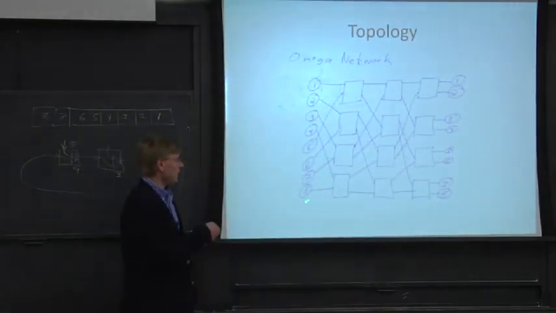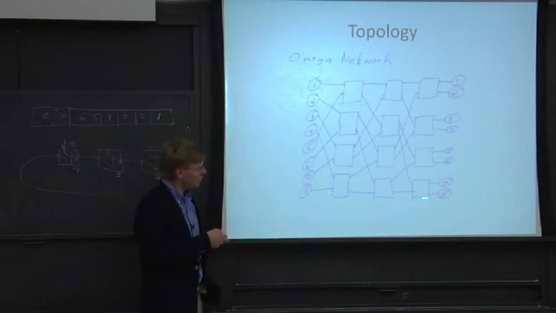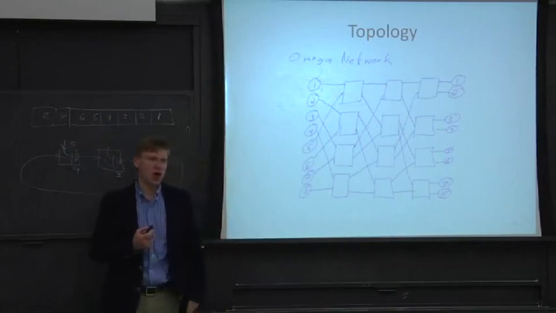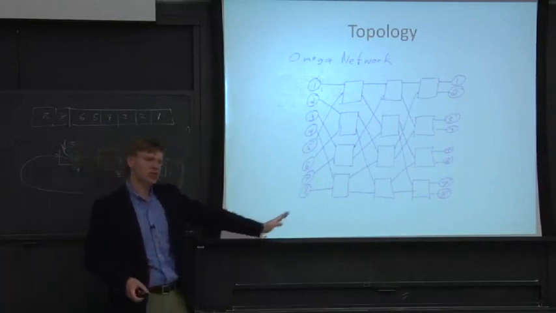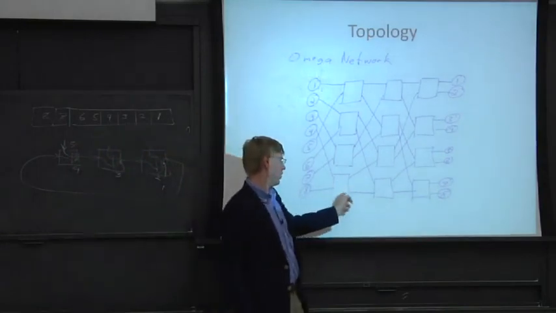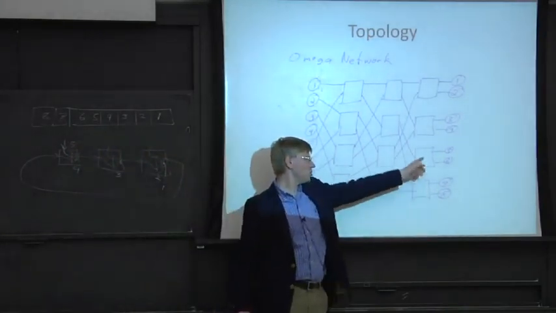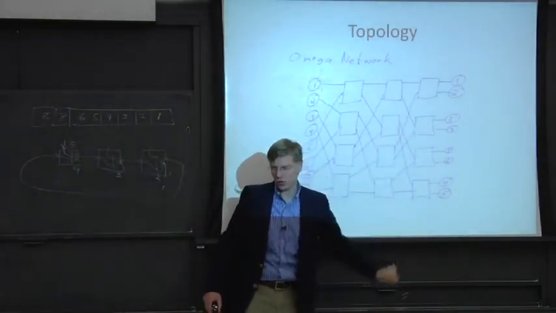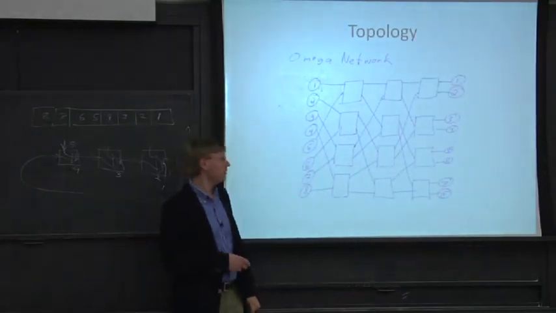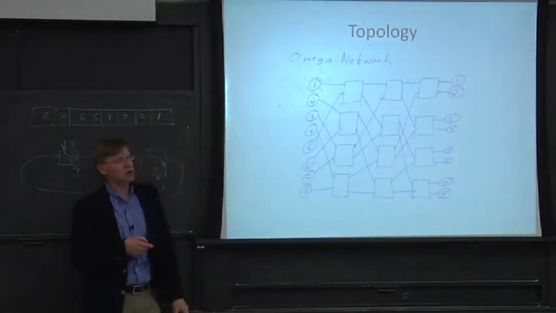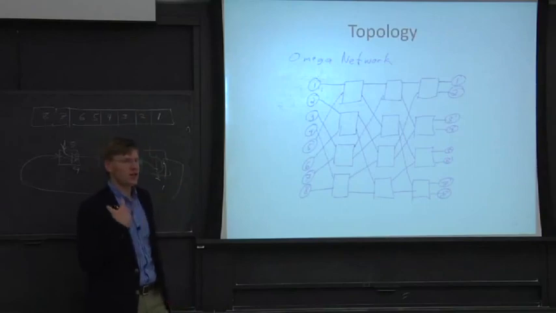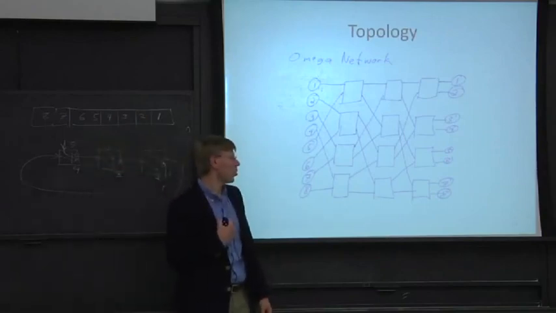What we did here is we have 8 nodes. And what you'll see here is there's log 2 number of stages if you have 2-to-1 switches along the route. Something like an omega network actually has only one path between each point.